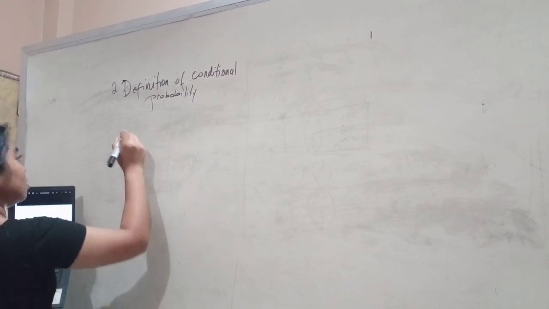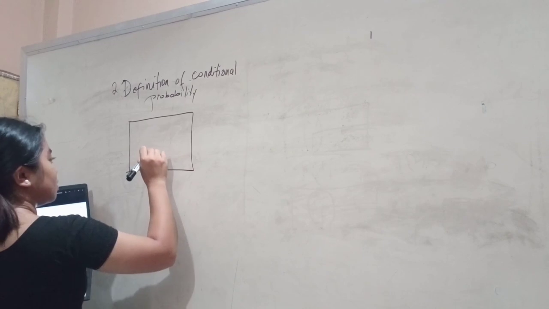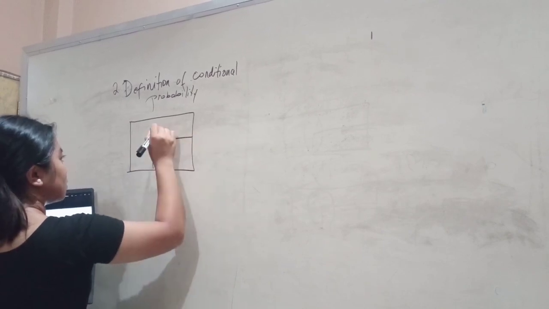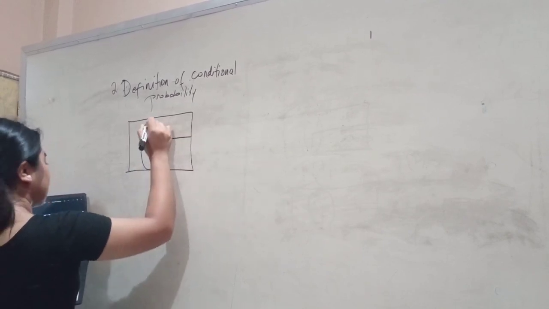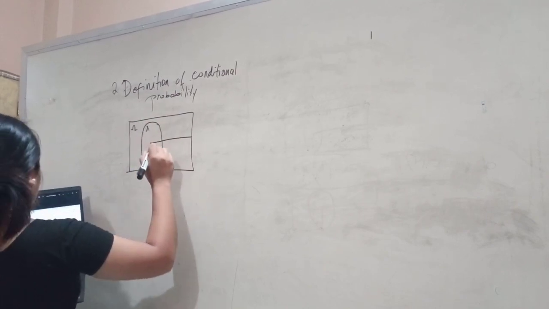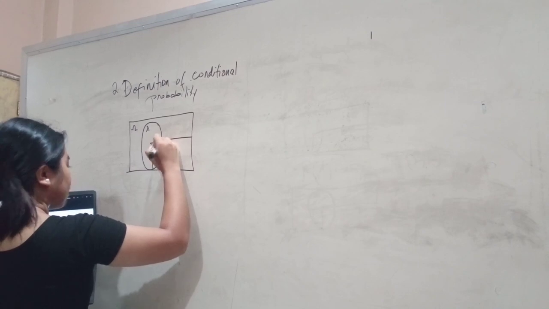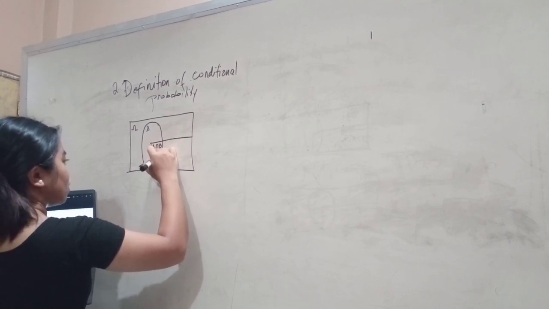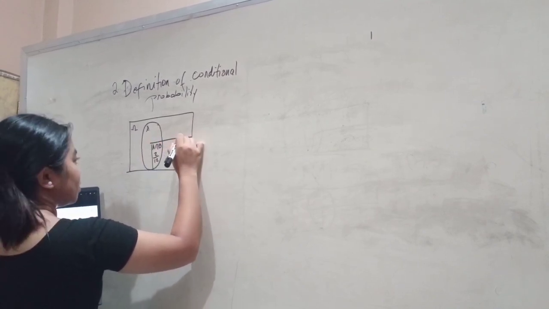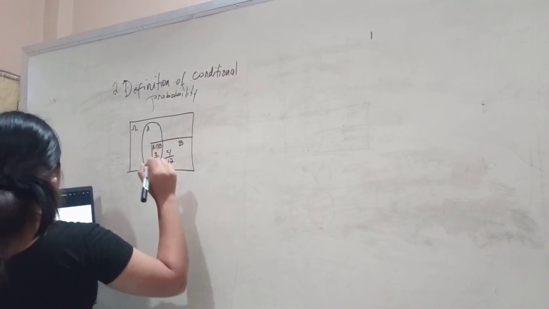So let's draw again the other box. Event A, 2 over 12, and then event B, 4 over 12.